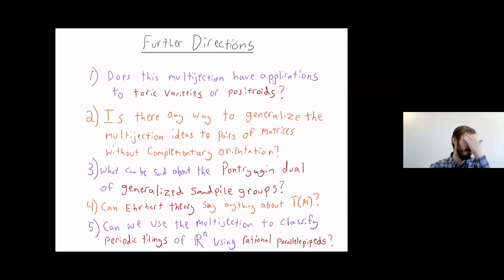It's a little bit weird because the tile is generally non-convex, and typically when you're doing Ehrhart theory, you're working with convex things. So a couple of the approaches I was looking at got weird for that reason, but you could definitely try to look for some more stuff. And then there's more of what I was saying about classifying periodic tilings using rational parallelepipeds. I think there might be a way to use this result to classify those.